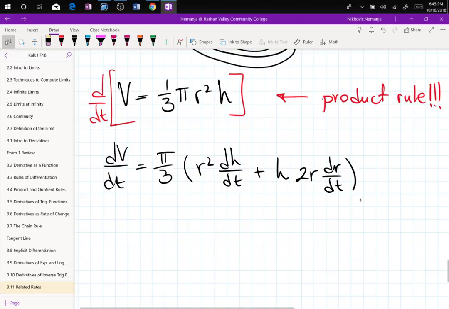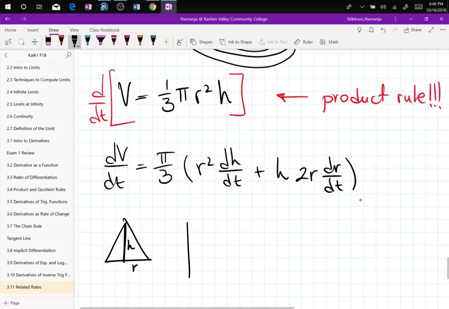Now, there is a beautiful thing that you can do to simplify this, and Mike already mentioned it, and that is similar triangles. You can use similar triangles to eliminate some of the variables. When you draw the cone from the side, it looks like a triangle with the height being the height and the radius being half of the base.